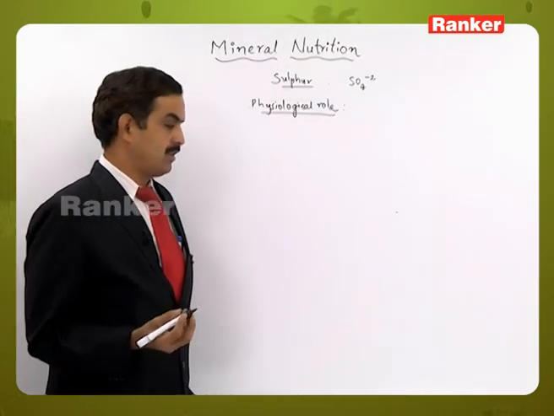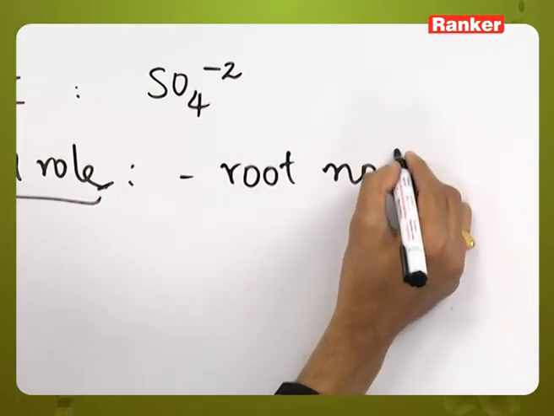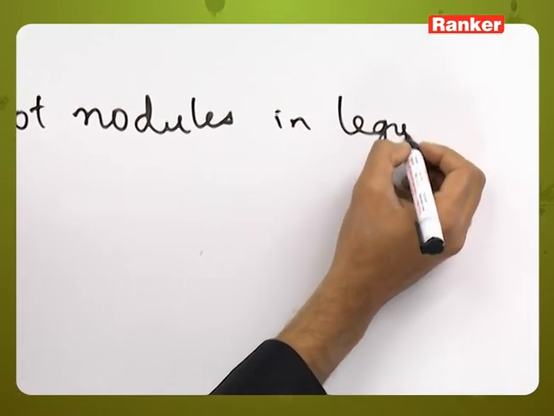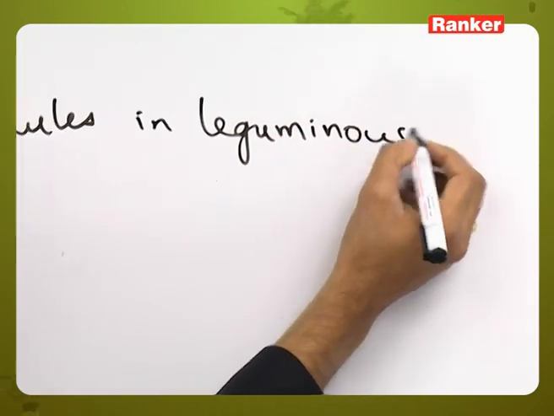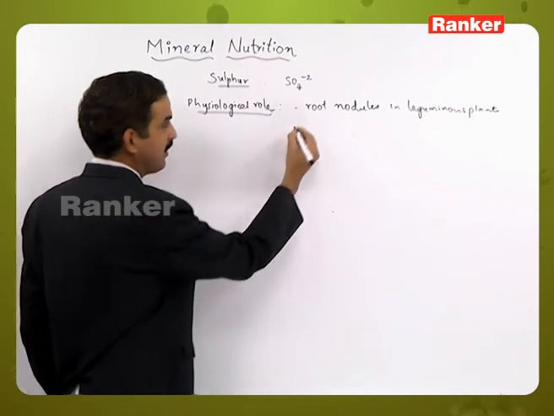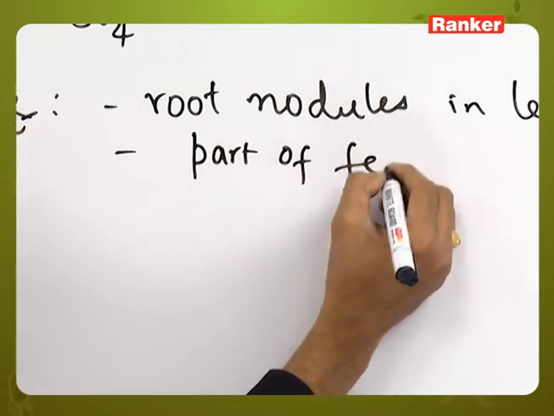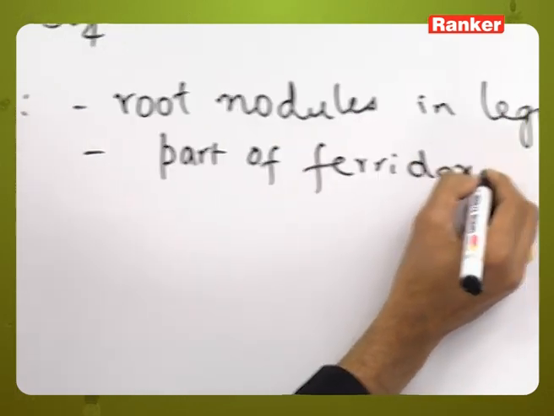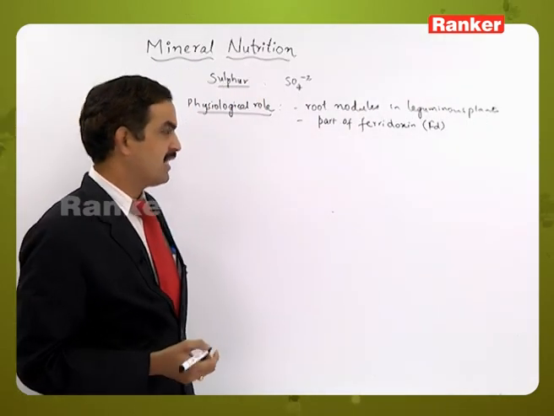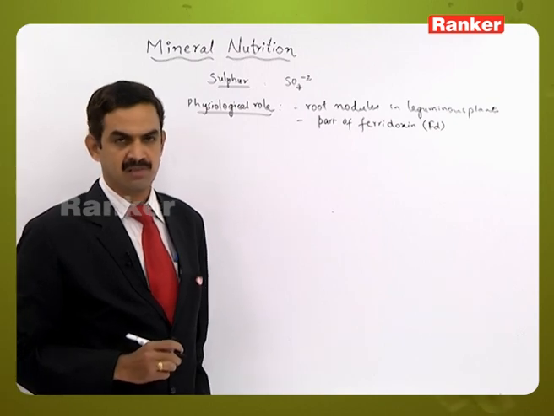Like, it is used in the formation of root nodules during nitrogen fixation in leguminous plants, and it is a part of ferredoxin, which is one of the electron carriers during the metabolic functions of the plants.